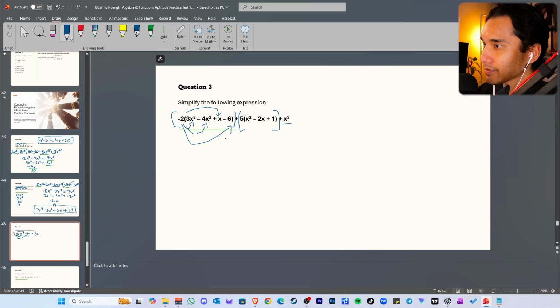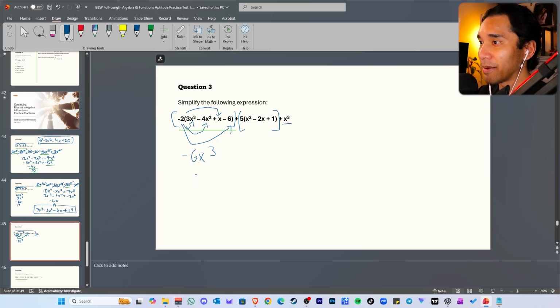All right, let's do that really quick here. That's going to be negative 2 times 3x cubed. That's minus 6x cubed. Negative 2 times negative 4x squared. What does that equal? A negative times a negative always equals a positive.